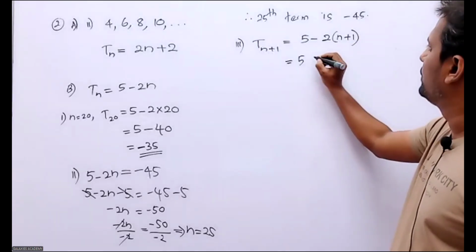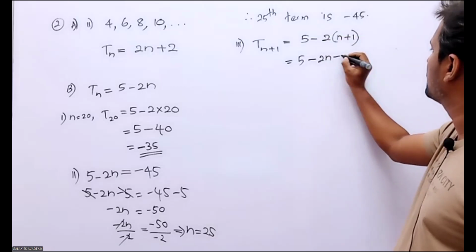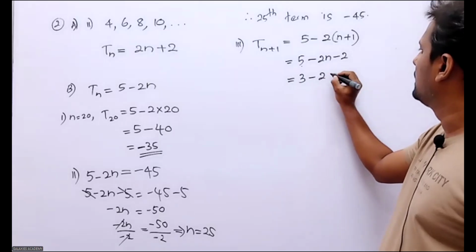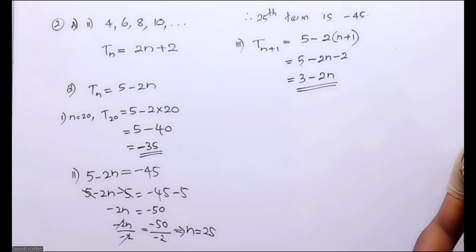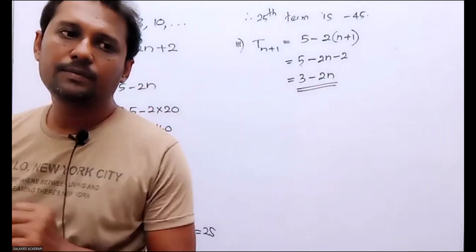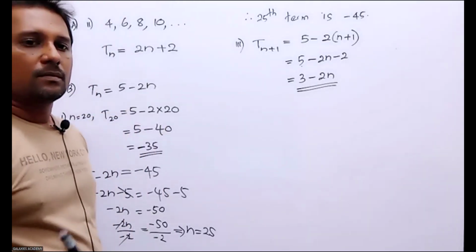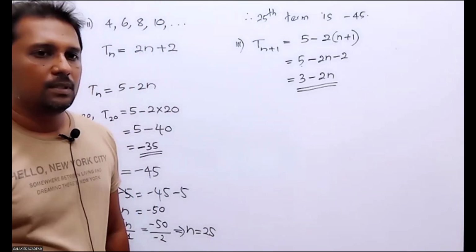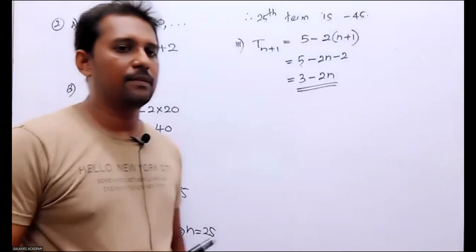Then 5, remove the bracket, minus 2n minus 2. 5 minus 2, 3. 3 minus 2n. So what is the T n plus 1? 3 minus 2n. Right? It is the second main question of this paper.